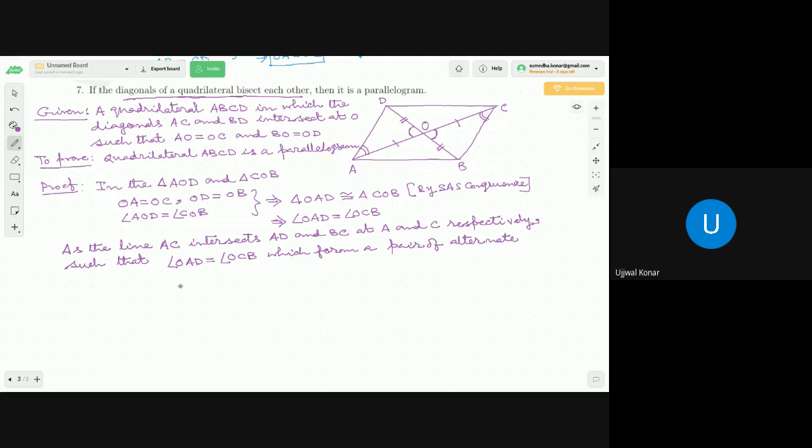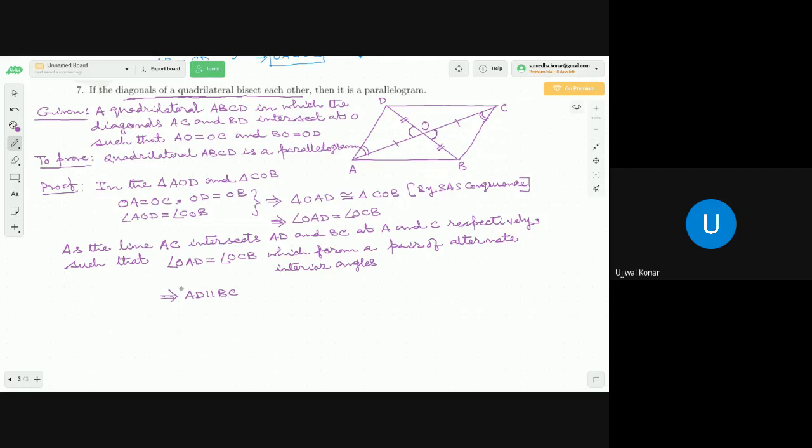Let me write it here: alternate interior angles. So from here, what can we conclude? We can conclude AD is parallel to BC.